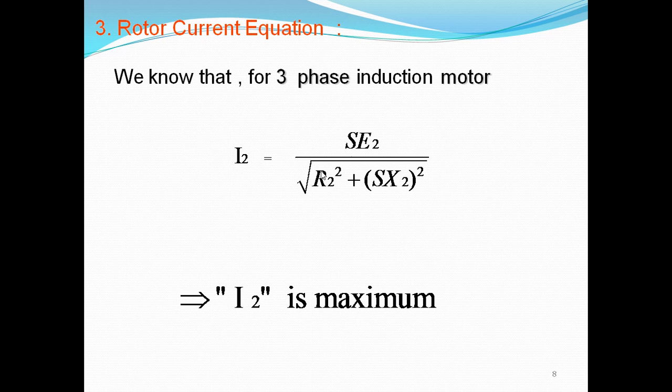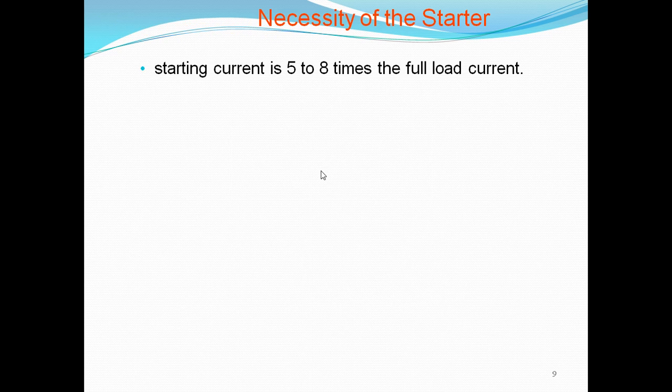So the starting current of the three-phase induction motor is I2 equal to sE2 by square root of R2 square plus (sX2) whole square. So I2 is maximum, because at the time of starting, E2 is maximum and slip S is maximum.